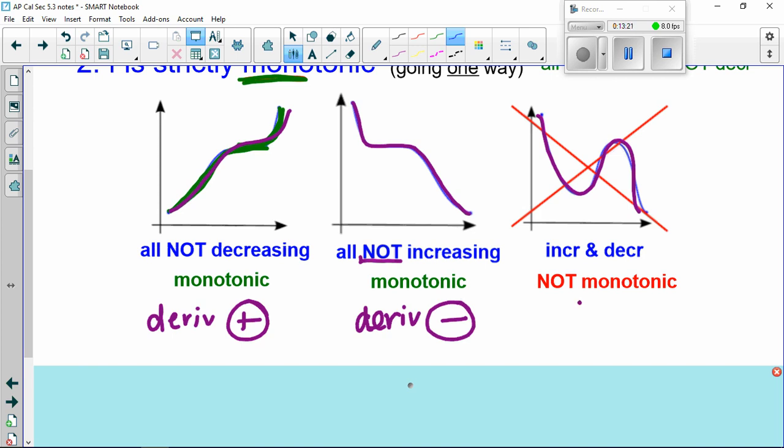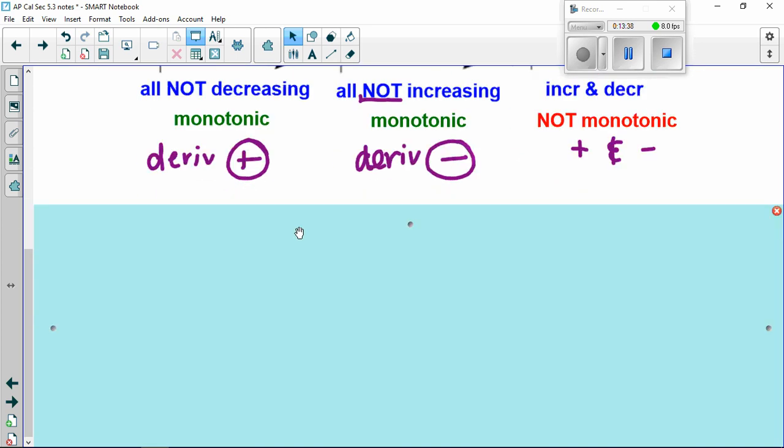And in this one, our derivative would be both positive and negative, so that doesn't apply to being strictly monotonic. So either our derivative is all positive or all negative. And we used to talk about this a lot. This is another review of something that we did.